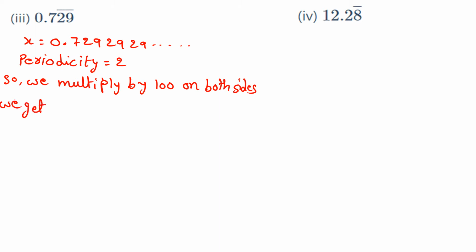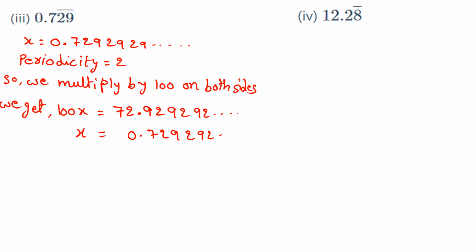100x equals to, the point moves 2 steps to the right, that is 72.929292 and so on. Now write x under this value, that is x equals to 0.72929292 and so on.